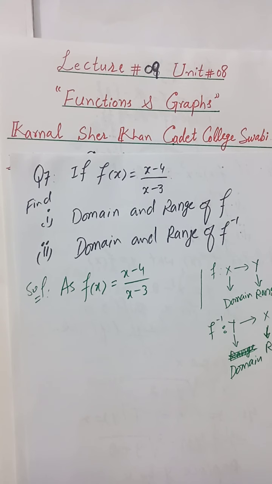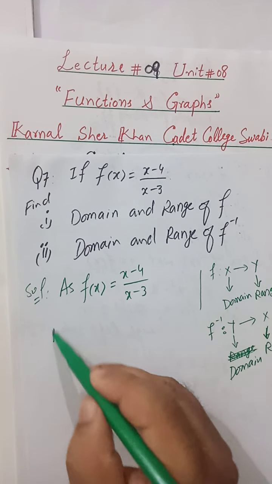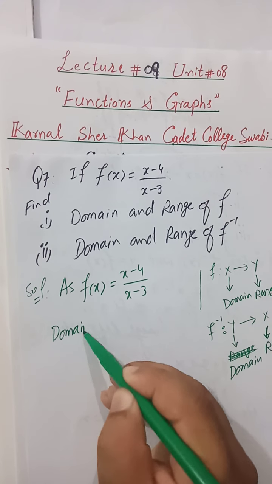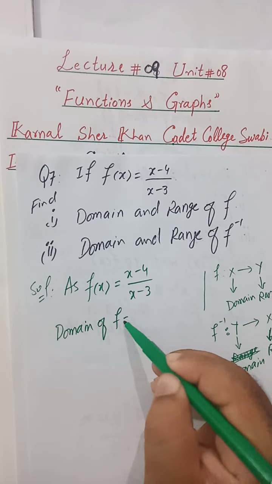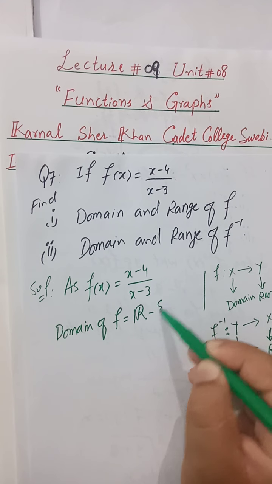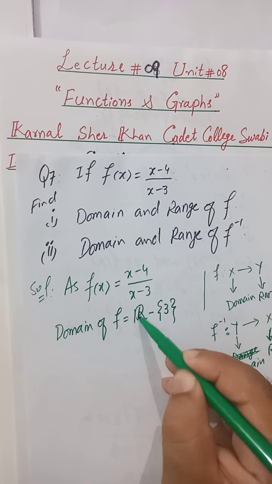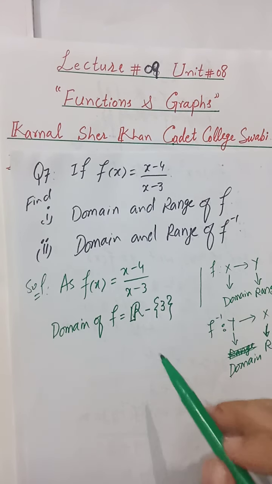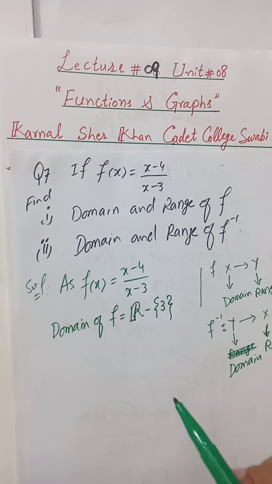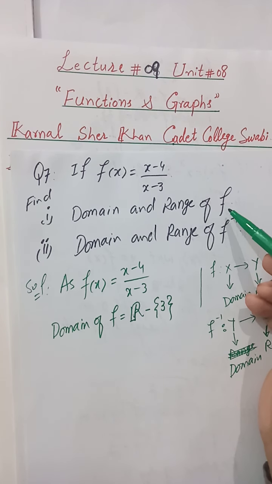So on 3 this function is not defined, and on the rest of all real numbers this function is defined. So the domain of f is equal to all real numbers except 3.